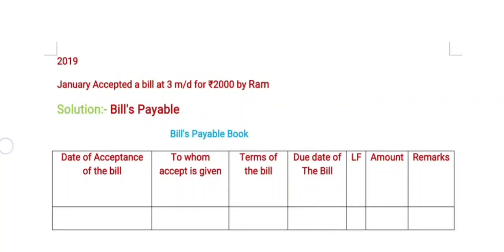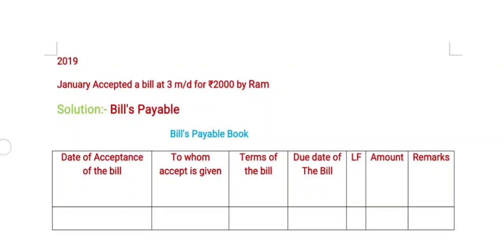Here 2019 January 5th is the date of acceptance of the bill. Then coming to whom the acceptance is given, it is the creditor, Ram. Now coming to terms of the bill, it is clearly defined. It is 3 months in this particular transaction.